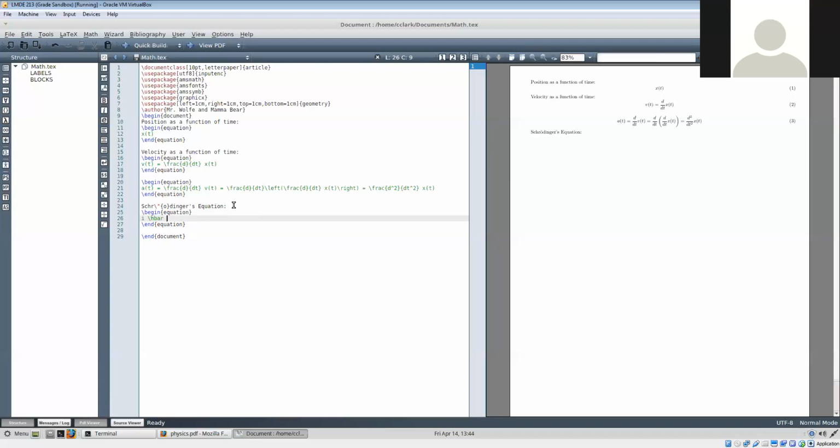The wave function is typically written as psi, the same psi that we've been using. Use a fraction, not the d dt. This needs to be a partial derivative. There's a command called partial that does the partial d for partial derivatives.